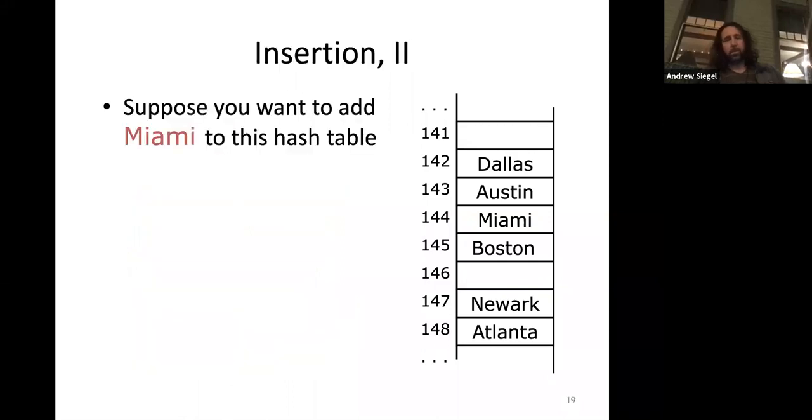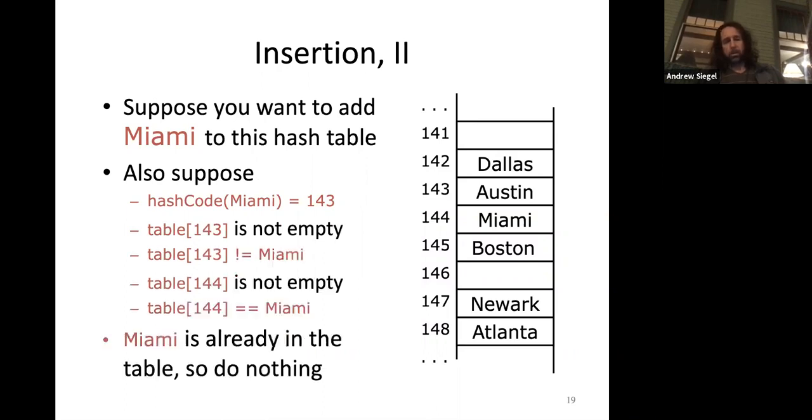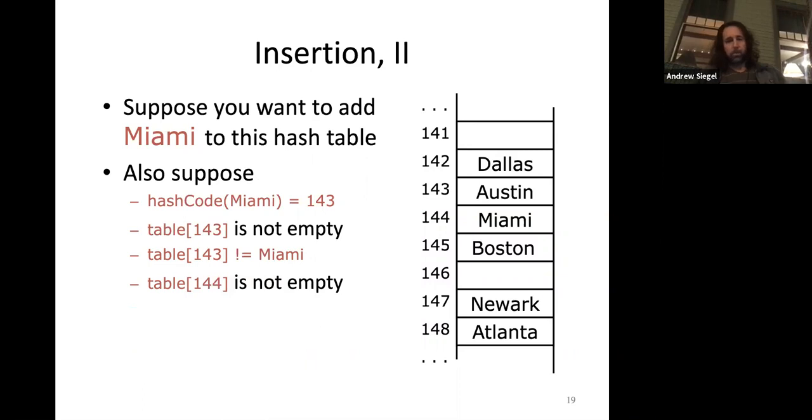Now suppose you want to add Miami to the hash table, and suppose that Miami hashes to 143. Table 143 is not empty, and it is not equal to Miami either. Table 144 is not empty.